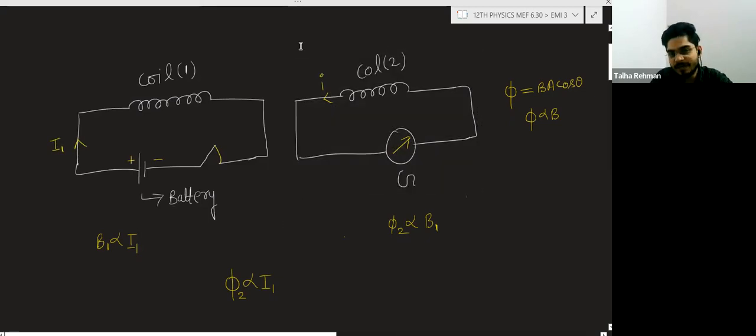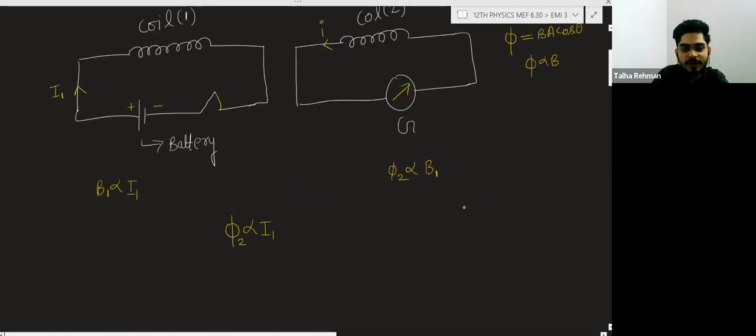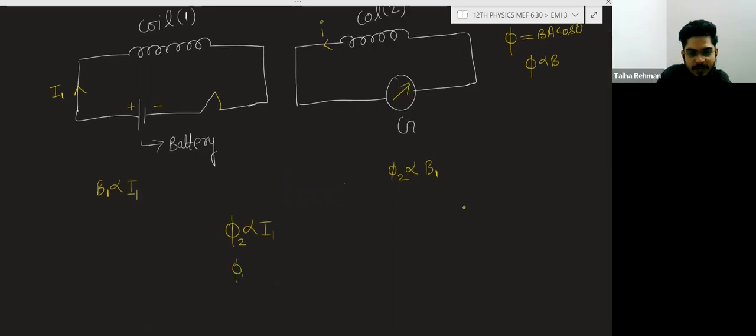That is why there will be an induced current here. When you remove the proportionality sign, you will get a constant, and this constant is known as the coefficient of mutual induction.